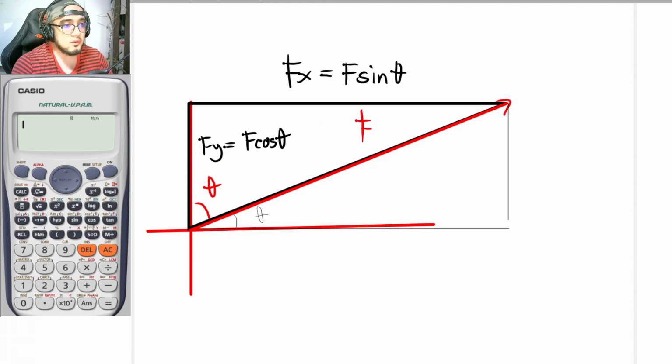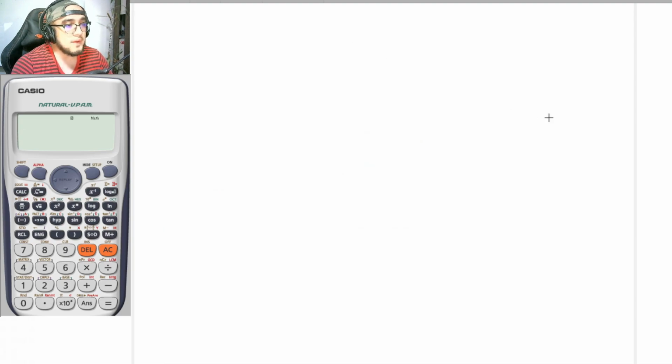Okay, so moving forward, what is the importance of these components? In adding our vectors, for example, we have this particular vector, then we add another vector here.